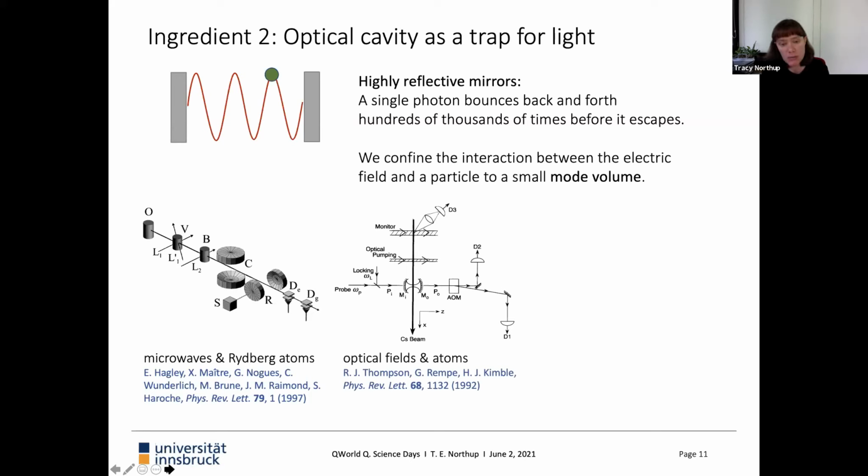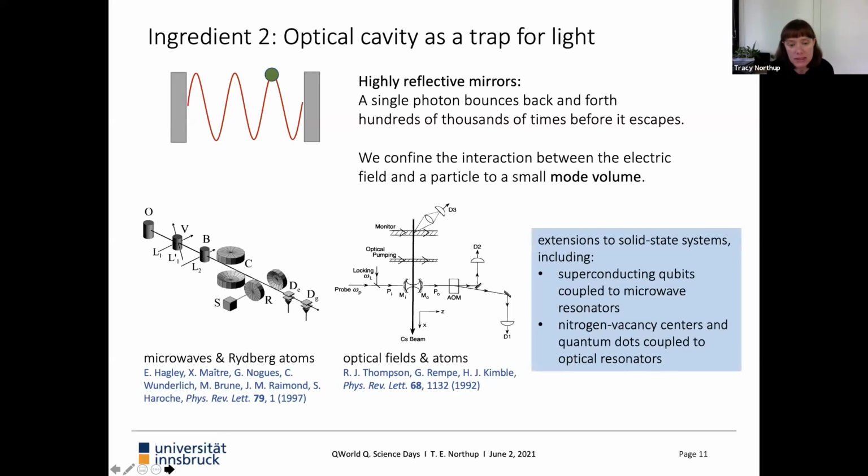And also from, again, more than 2 decades ago, work in Jeff Kimble's group on optical fields interacting with atoms. So here, in these first experiments, this was looking at atoms crossing through optical cavities. And then in later work, in both of these cases, it's Rydberg atoms and optical fields with neutral atoms crossing through cavities. And in later work, those atoms or ions have been confined inside of cavities.